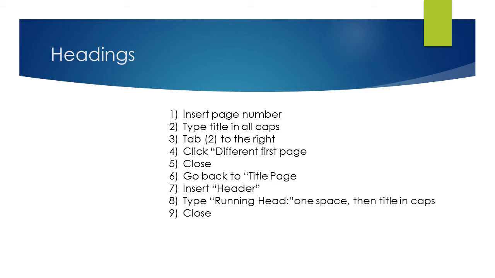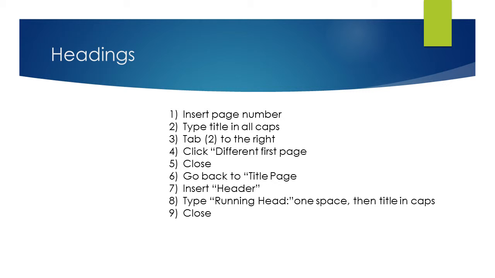And on the page number, you want to type the title of your project in all caps. Everything would be in caps, and since you're on the second page, it's already going to put 2. So you want to go to the left of 2 and type in your title in all caps, and then tab over so that the number 2 goes completely to the right hand side.